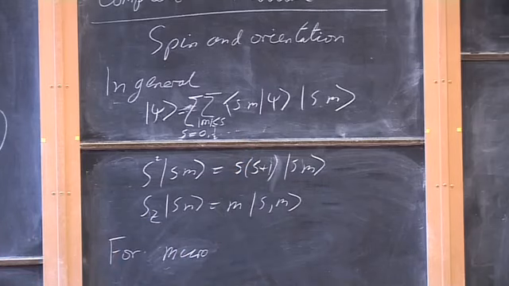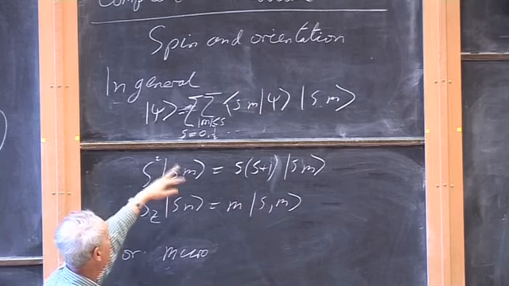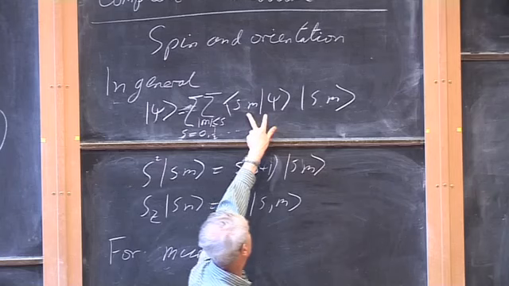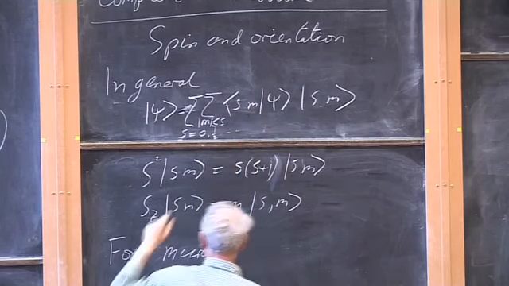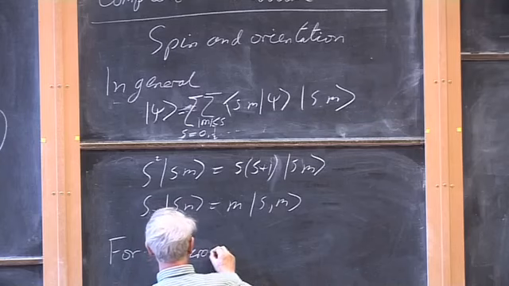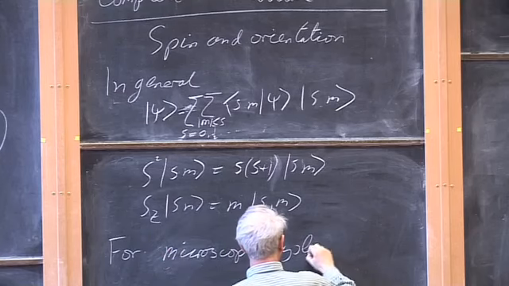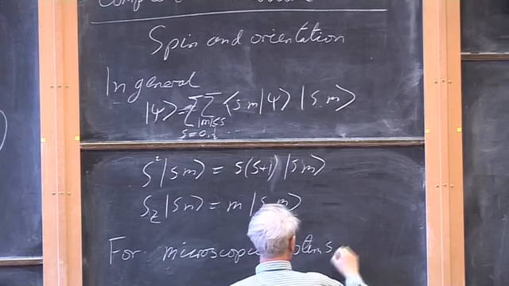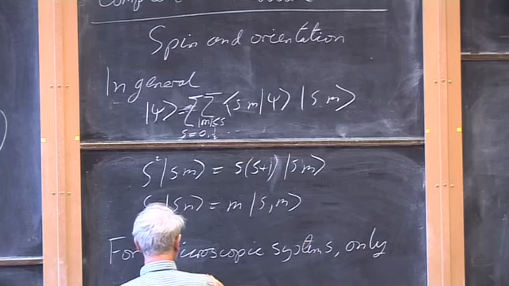But if we're dealing with an electron or an atom or whatever, we don't have to sum over all these things. Only one value of s has non-vanishing amplitude. So this is going to vanish for real systems except when s takes one particular value. So for microscopic systems, only one value of s occurs.